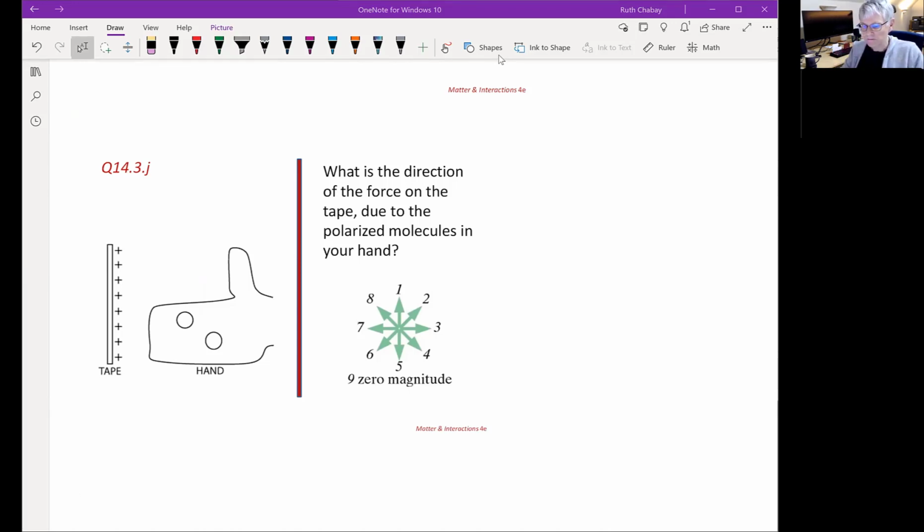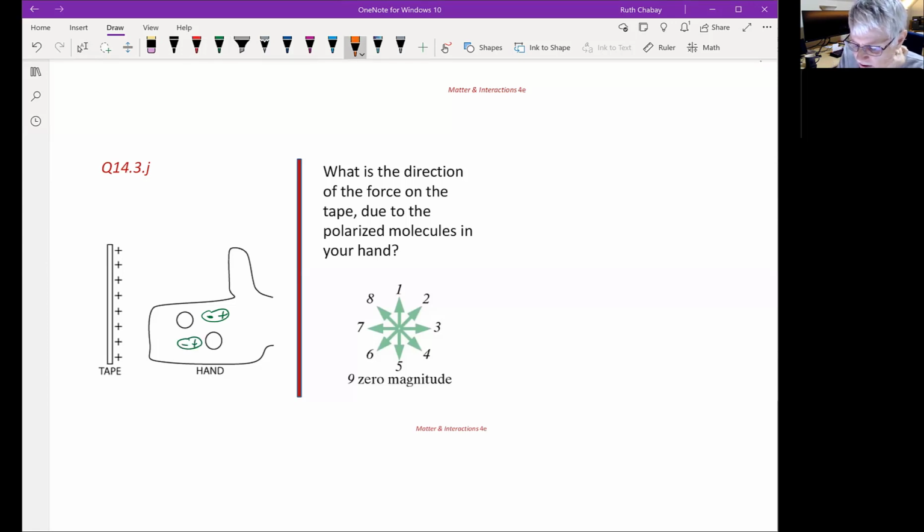And again, that's the right answer. Three is the correct answer, so the tape is attracted to your hand because of the electric field made by these polarized molecules. So now that these molecules are polarized, we have negative there and positive there.